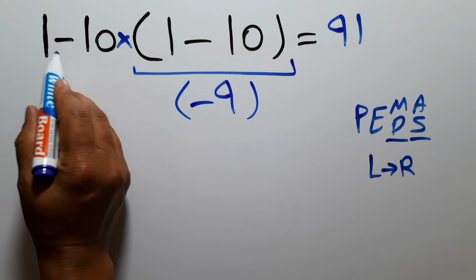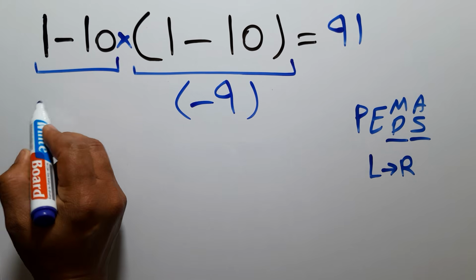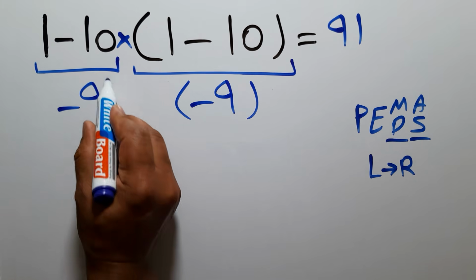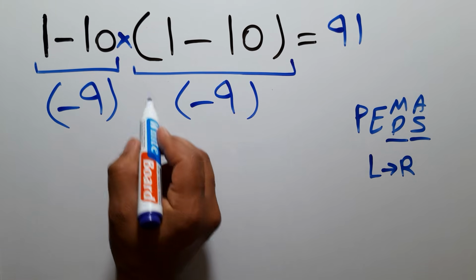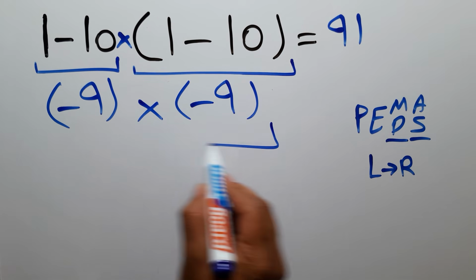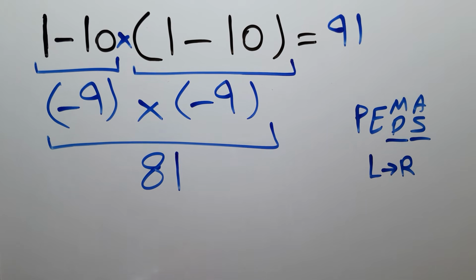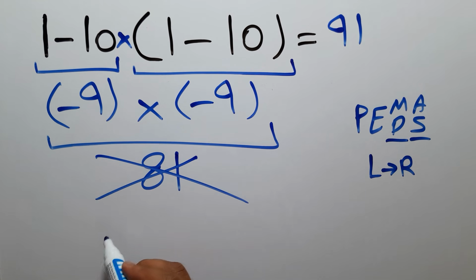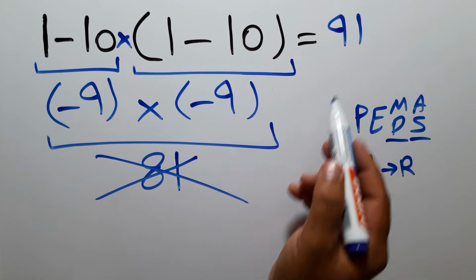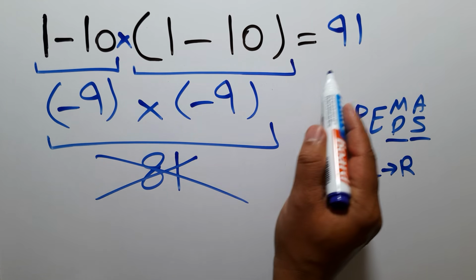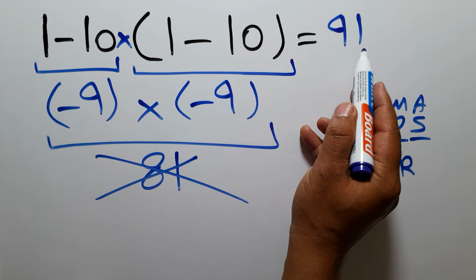And here we have 1 minus 10, which gives us again negative 9. So negative 9 times negative 9 equals positive 81. But this answer is not correct. And the correct answer to this problem is just 91.